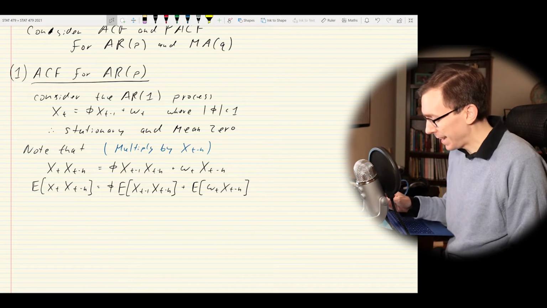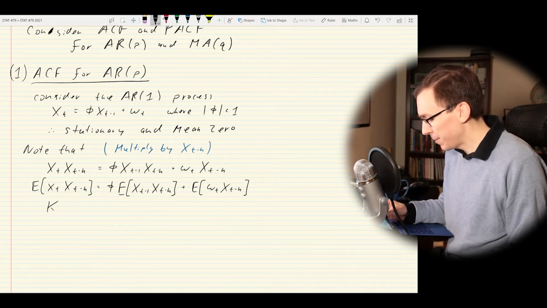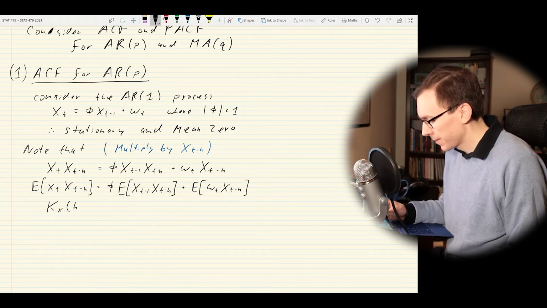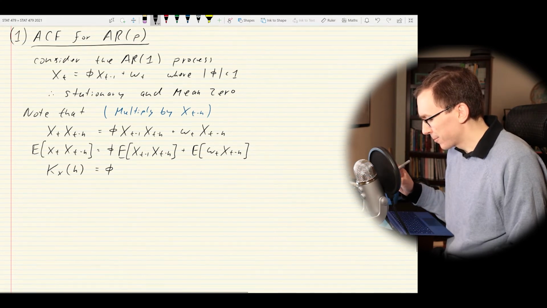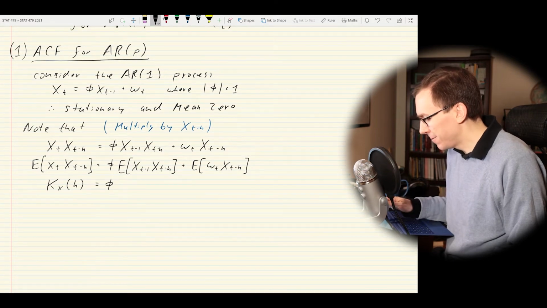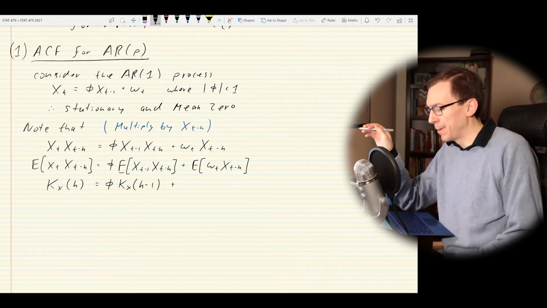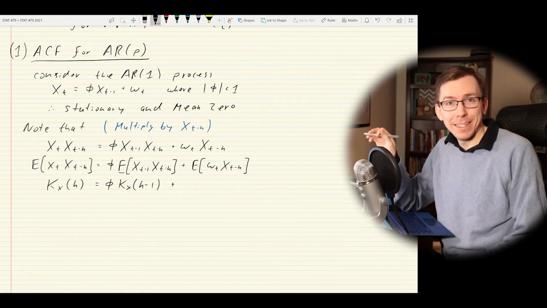So on the left-hand side of the equation, we're just computing the autocovariance at lag h. Right, this is just the autocovariance at lag h. On the right-hand side, we have the phi, of course, times the autocovariance at lag h minus 1. And then what happens to that last term? Well, that last term is 0.